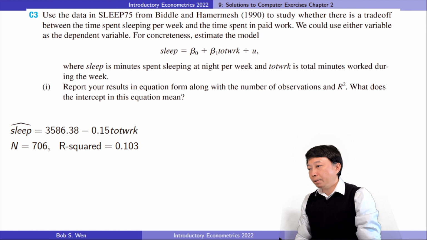The intercept is the time for sleeping if the individual does not work. She will sleep for 3,586 minutes per week. That is about 8.5 hours per day if she does not work.